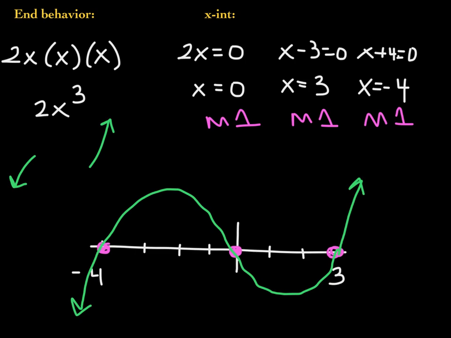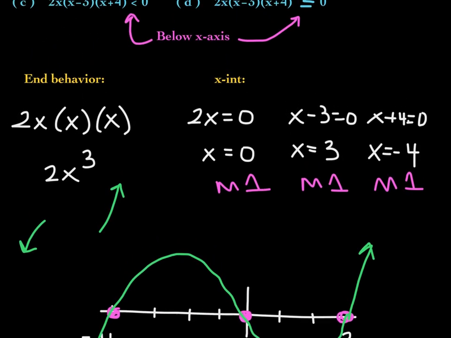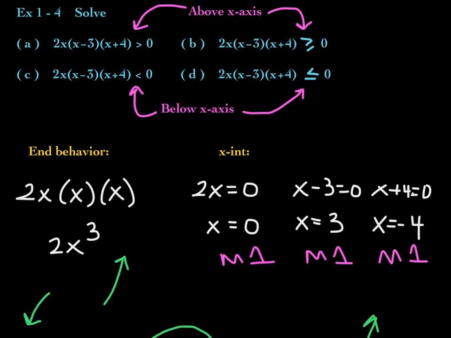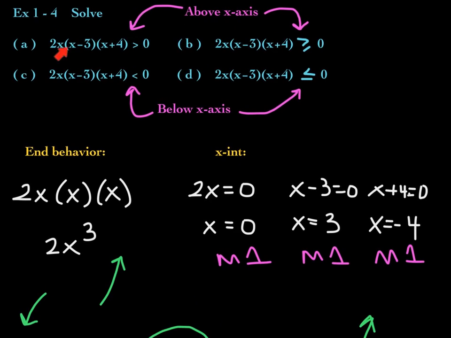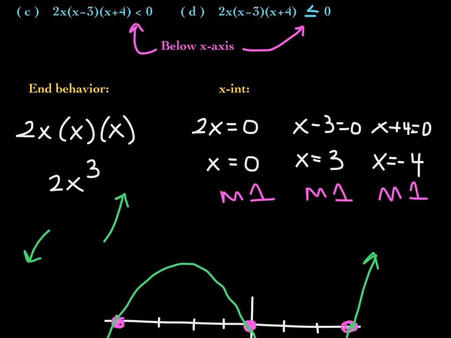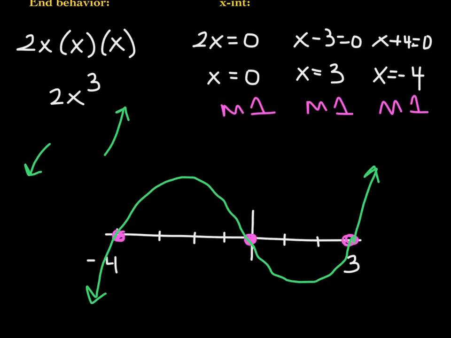All right, everybody, let's answer the first question. Let me scroll back up and remind you what it is. The first question is asking, when is the graph above the x-axis? So let's look back at the picture. I'm going to highlight that for us right now. It's above the x-axis from -4 to 0, and then it's above the x-axis again from 3 and forever.